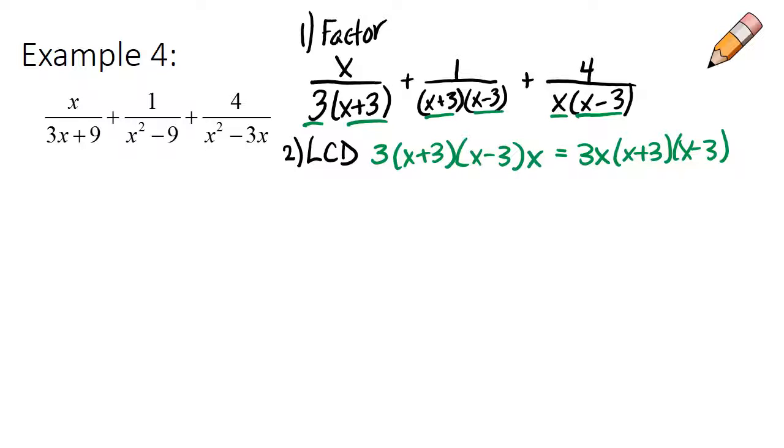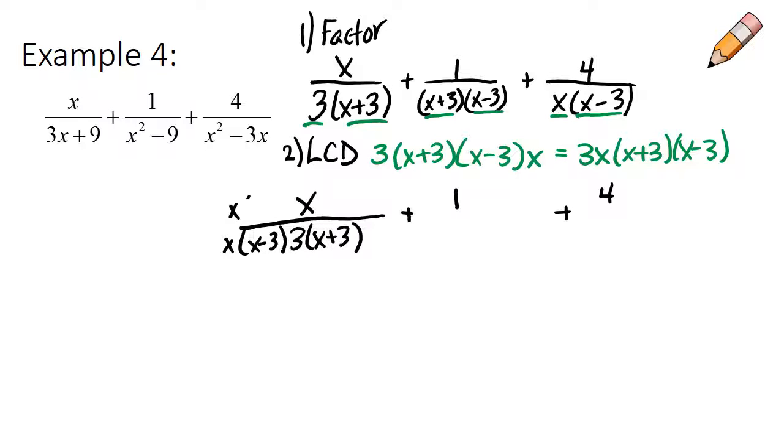To use that LCD, I want to multiply each numerator by the piece of the LCD that it's missing. If I start with my first numerator, it has a 3, it has an x plus 3, which means it is missing an x and an x minus 3.